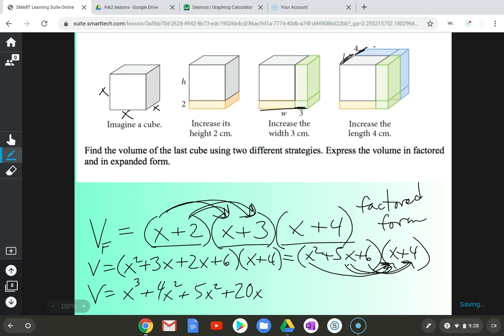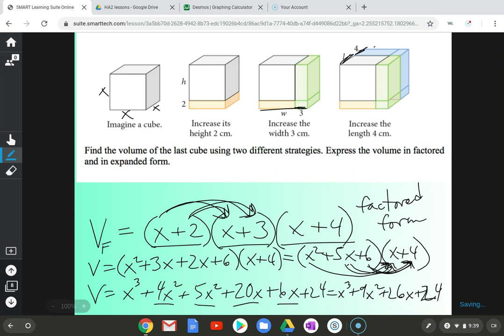And finally, I do my 6 times each of these terms, plus 6x plus 24. And if I combine my like terms, I get x cubed plus 9x squared plus 26x plus 24.